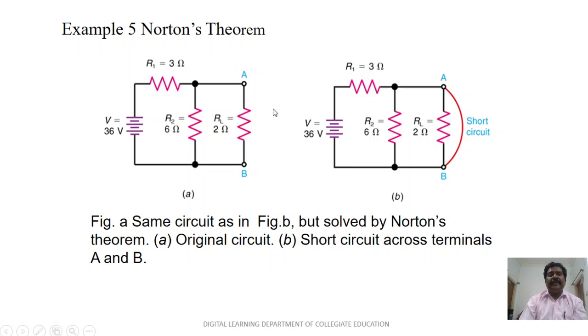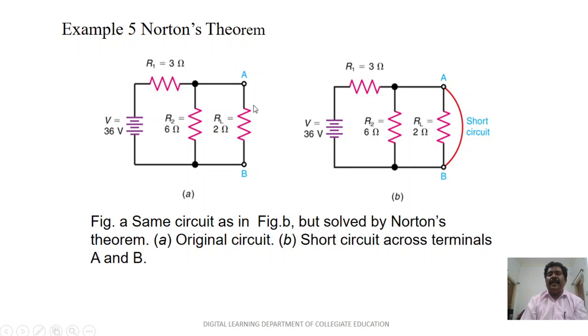With the procedure, the first thing I want to calculate is the short circuit current. With the same circuit, I short the terminals A and B and calculate the current across this point.